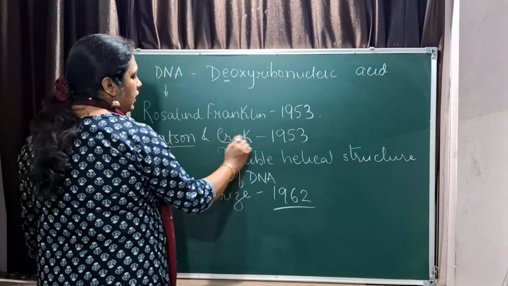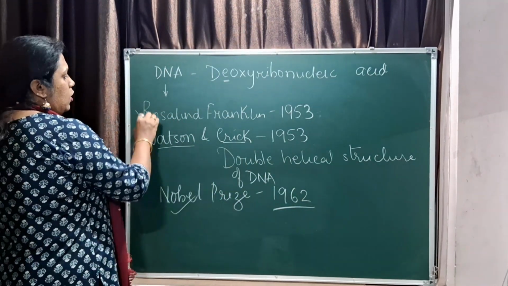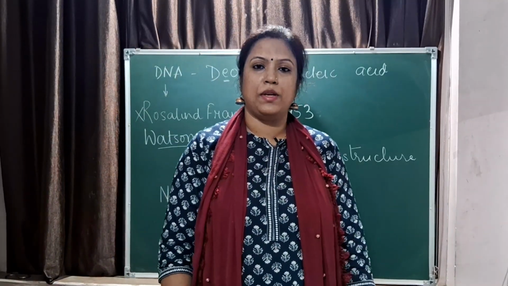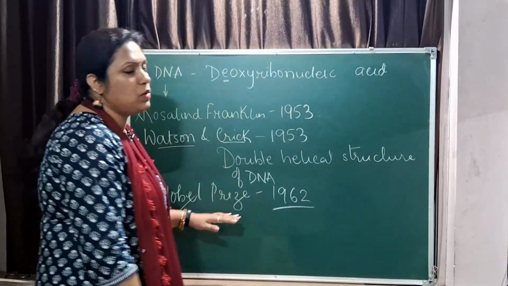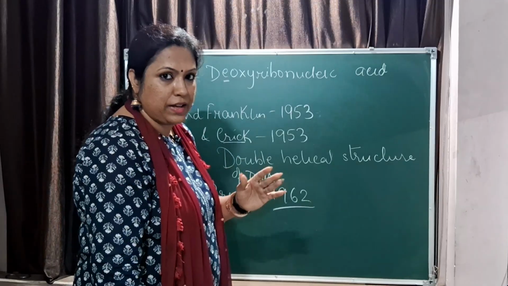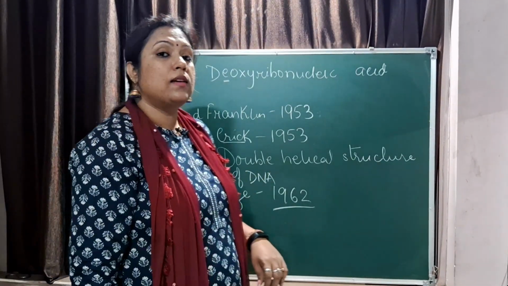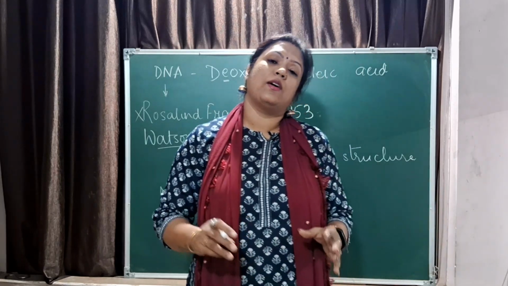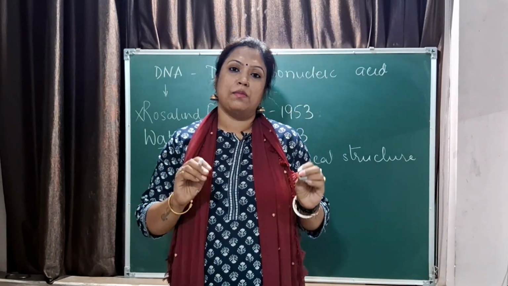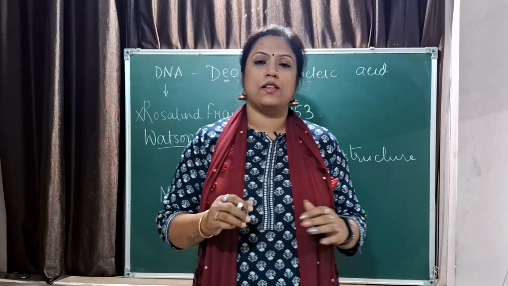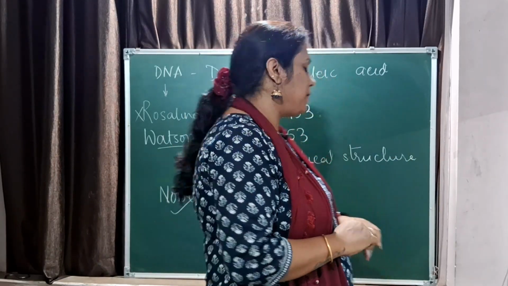Now Watson and Crick got the Nobel Prize. Rosalind Franklin could not get it because she didn't survive to that period of time. Okay, Nobel Prize is given only to the people who are alive. So Nobel Prize was given to Watson and Crick in the year 1962 for finding out the structure of DNA, which is a double helical structure of DNA. Is that clear? Now let us go deep into the DNA.